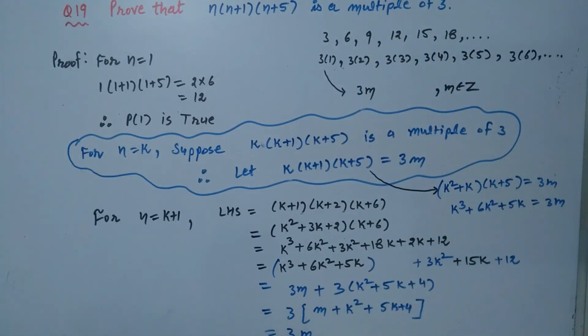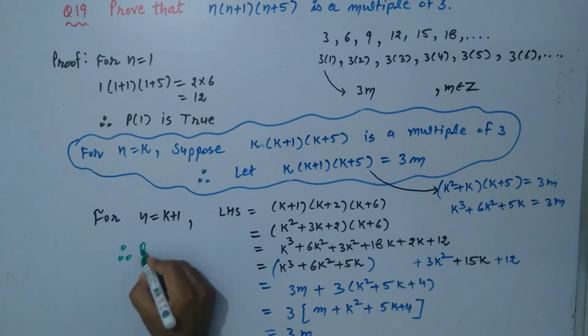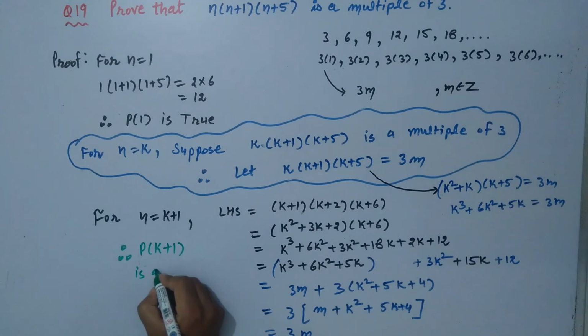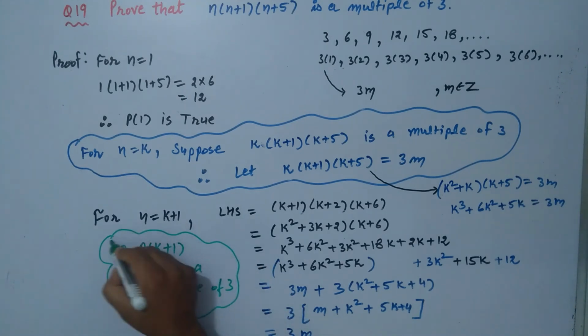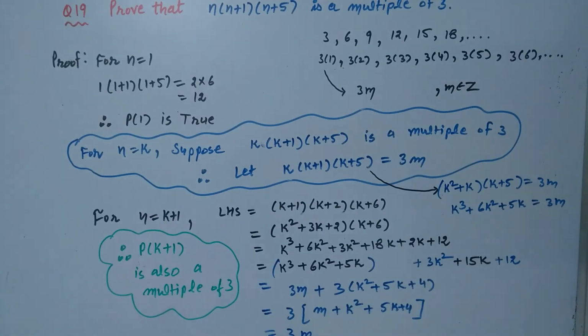Therefore, what we are concluding now, our conclusion is the right hand side, the given statement P of k plus 1, is also a multiple of 3. So this way we can conclude that the given statement is a multiple of 3.